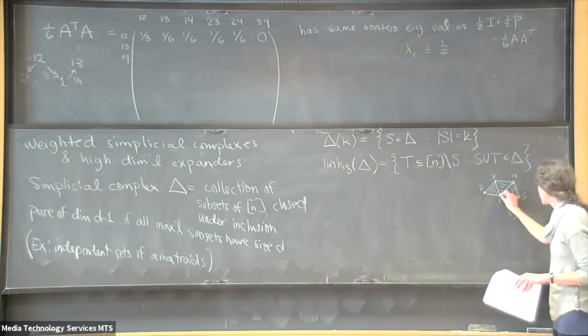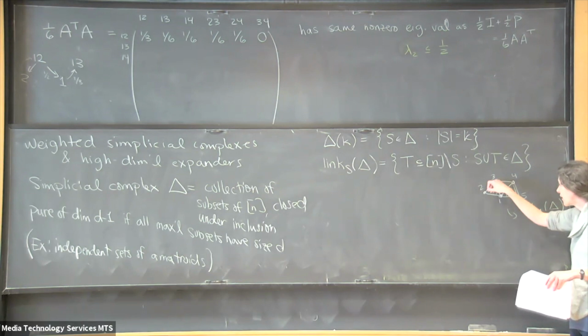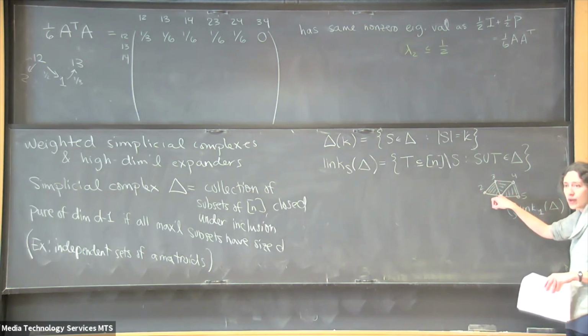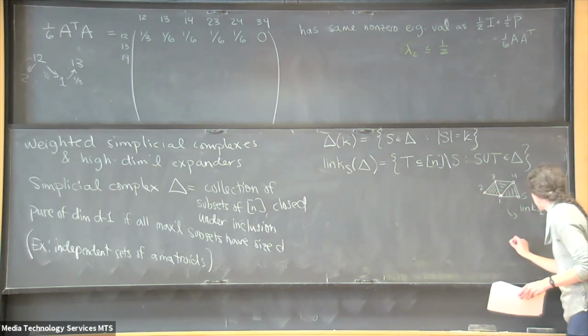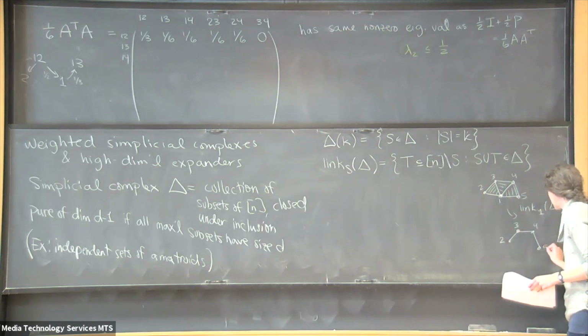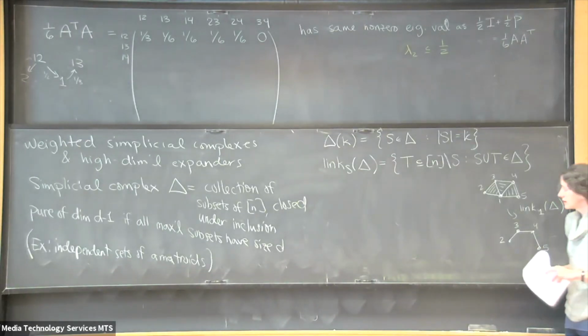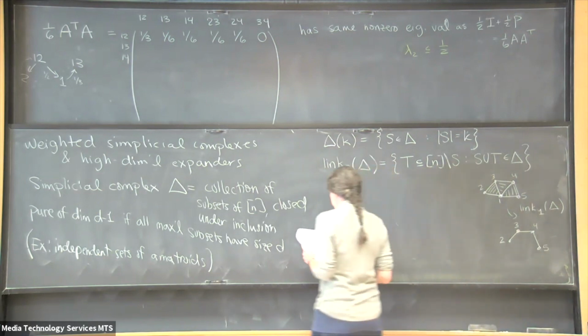Then one way to do this is, let's say, the link with respect to 1. Then we can look at all of the faces containing 1 and remove 1 from them. So we'll end up with 2, 3.